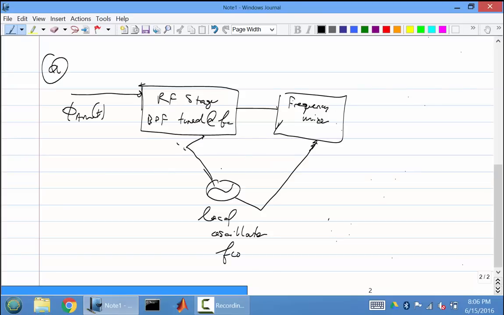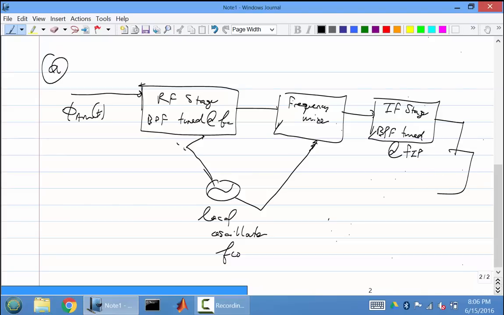You have some local oscillator which is tuned at FC here. And then we have some frequency mixer here, and then this is the IF stage, a bandpass filter tuned at the intermediate frequency. And then you also have a demodulator as well. And then you have an audio device, so some speaker.